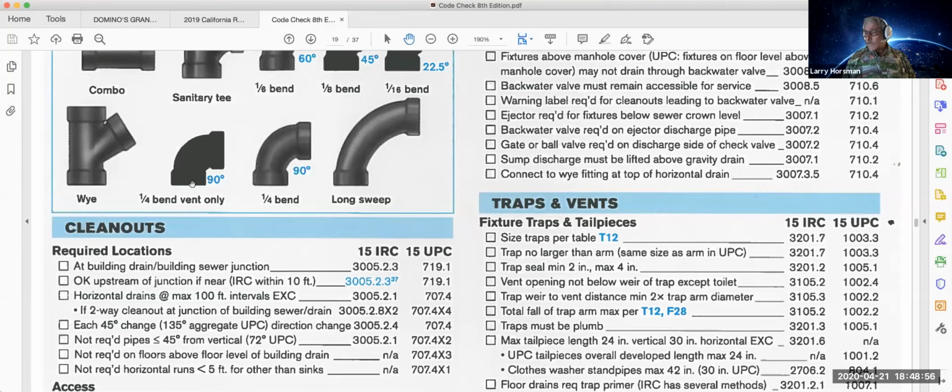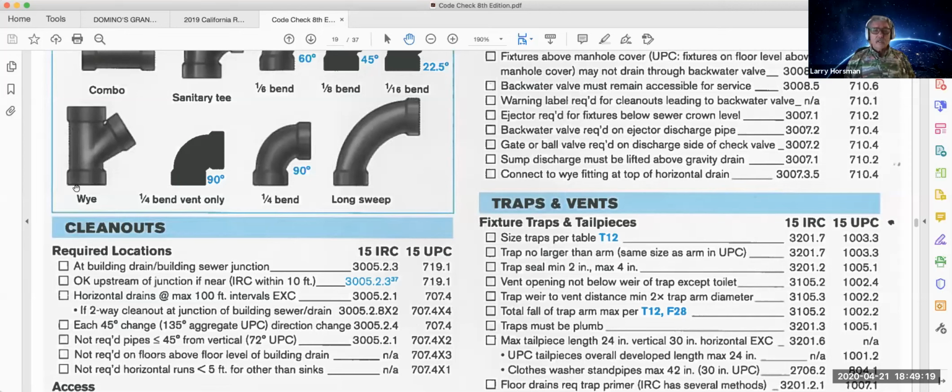And I guess right at 45 degrees, it's probably either horizontal or vertical. You know, you're kind of right there in the middle. So typically if it's more than 45 degrees, it's considered horizontal, not vertical. Yeah, there's a definition in the plumbing code.